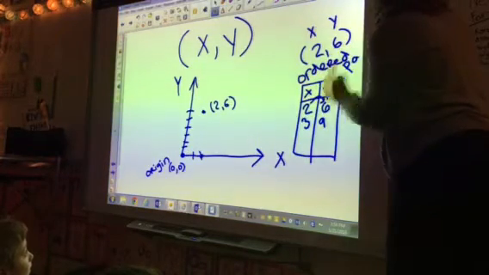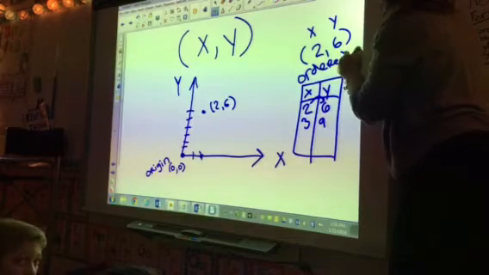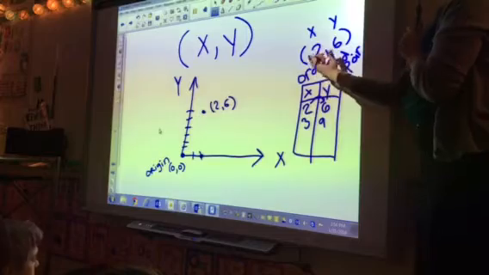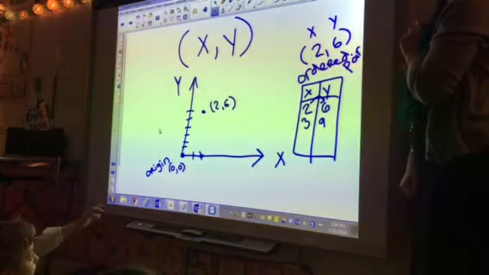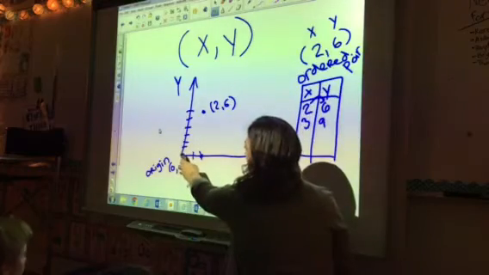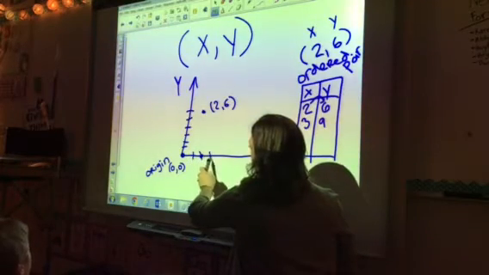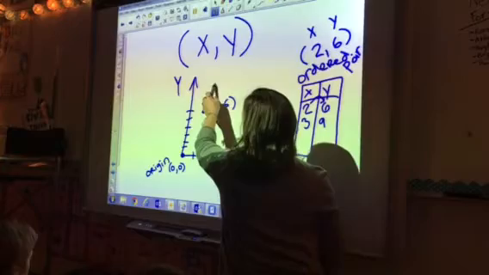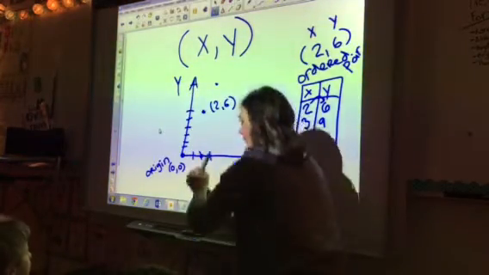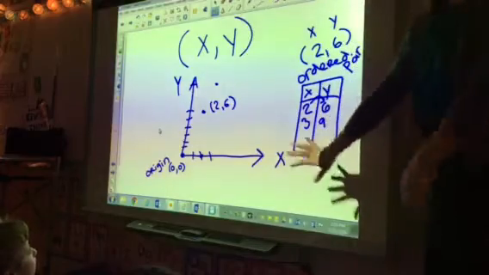So how would 3, 9 look as an ordered pair? I'm saying in this form. 3, 9. And whenever we go plot it, we'd go 3 over, up 9. Okay, 3, 9.